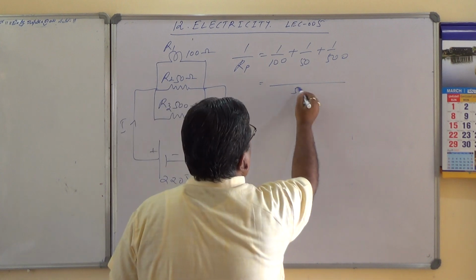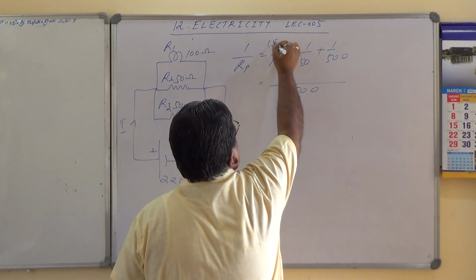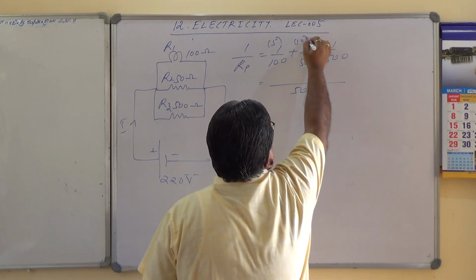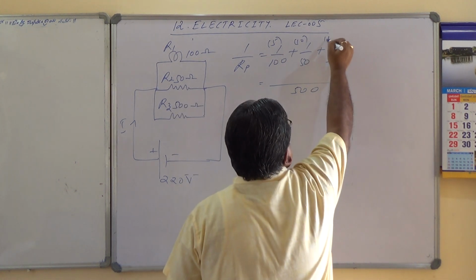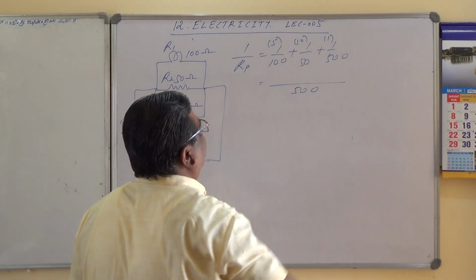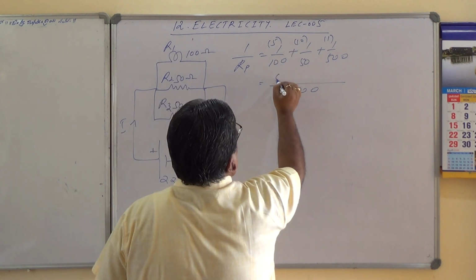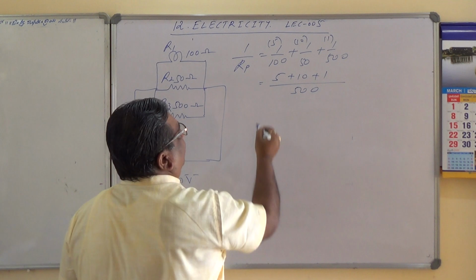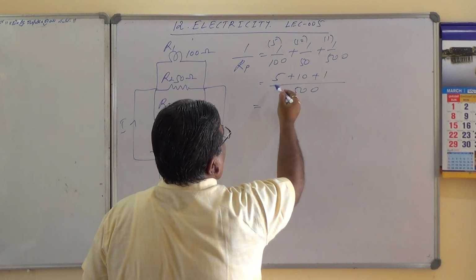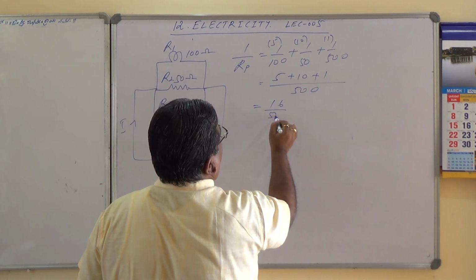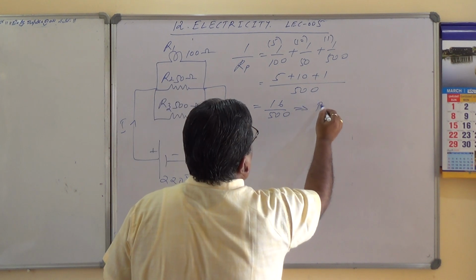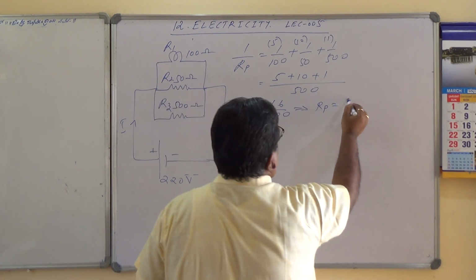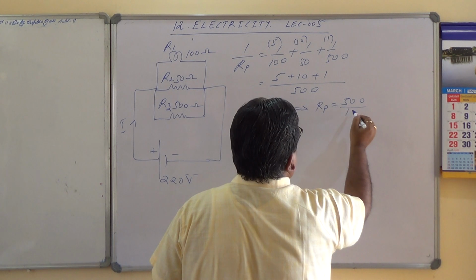It is 500. So 5 plus 10 plus 1, which equals 16 by 500, implies Rp equals 500 divided by 16.